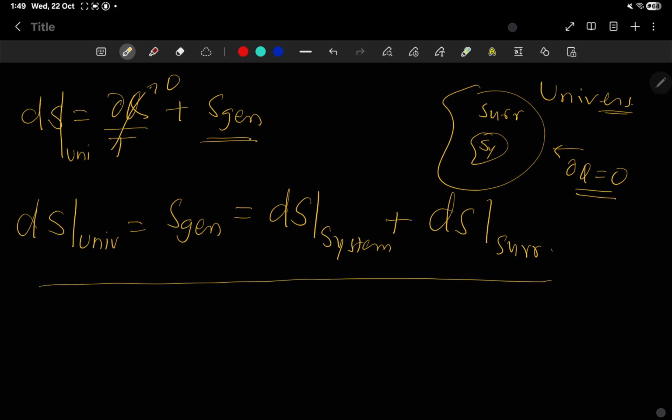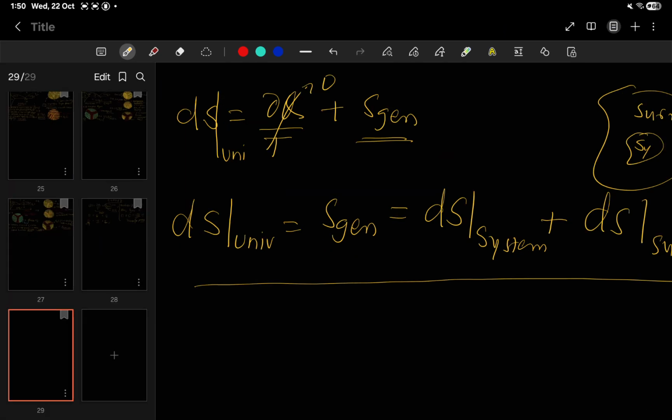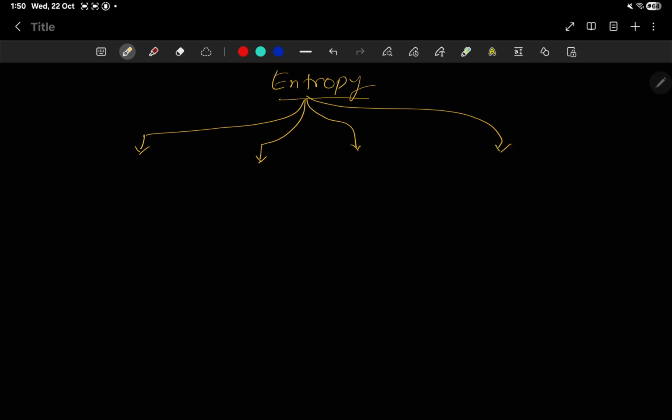So in entropy change calculation, we have four types of questions. This is type 1, another is type 2, type 3, type 4.